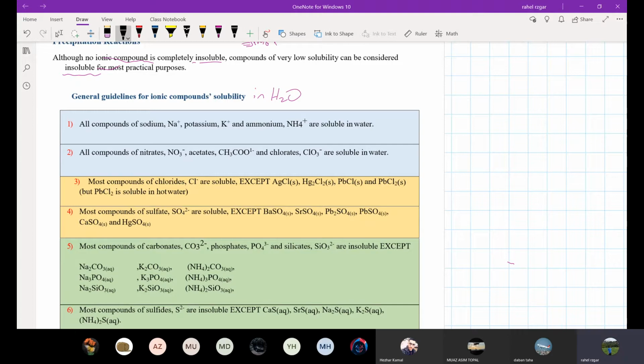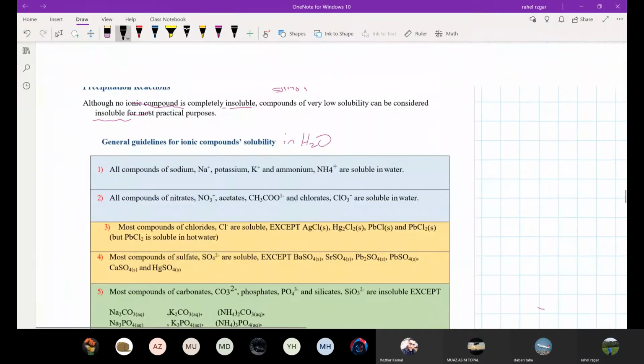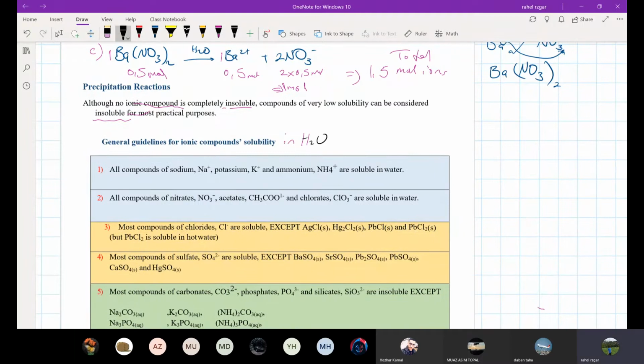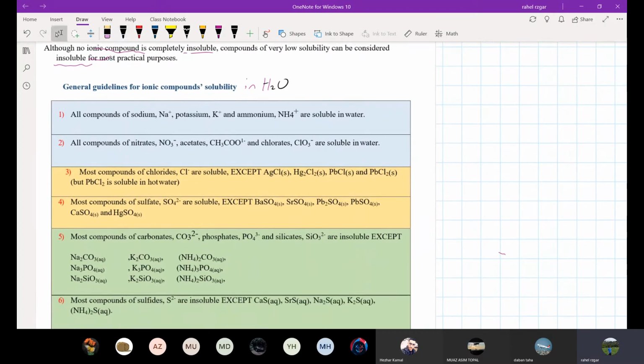For example, let's say we have NH4Cl. You will look at it and say there is NH4. So directly, without looking at the other substance or the other element, since it contains NH4, it is soluble.